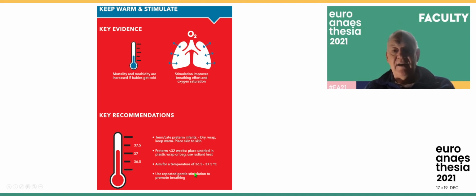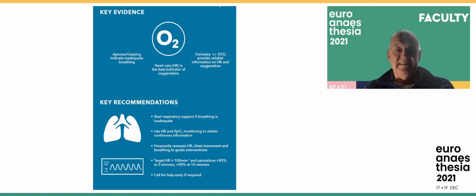There's often talk about putting a premature baby into a sealed bag and then putting them underneath a heater. And the evidence, we've talked about apnea, heart rate being the best indication of oxygenation, and looking at oximetry and ECG. Recommendations: support respiration if not breathing adequately, use heart rate and a peripheral oxygen monitor, and frequently reassess.